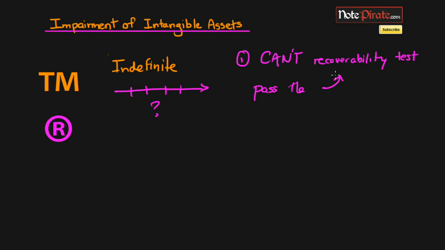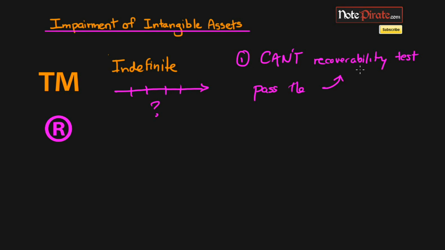And if it passes, then we never report it as impaired. It's kind of unfair to use the recoverability test since it inflates the potential cash flows.